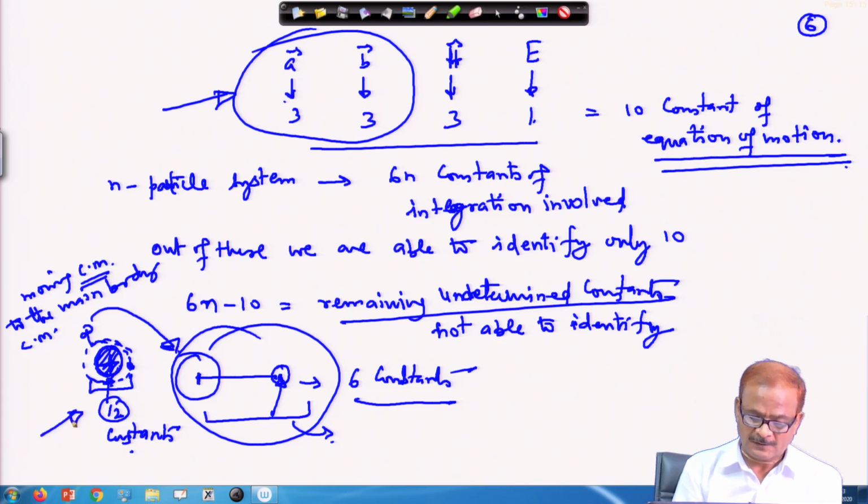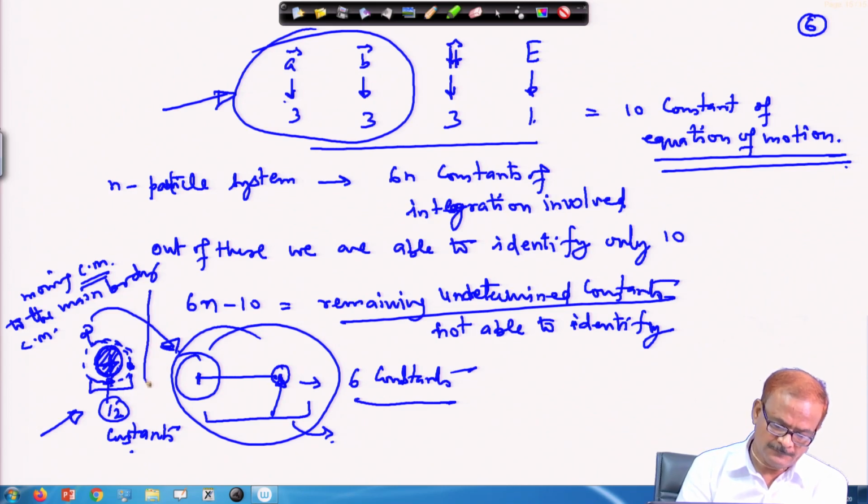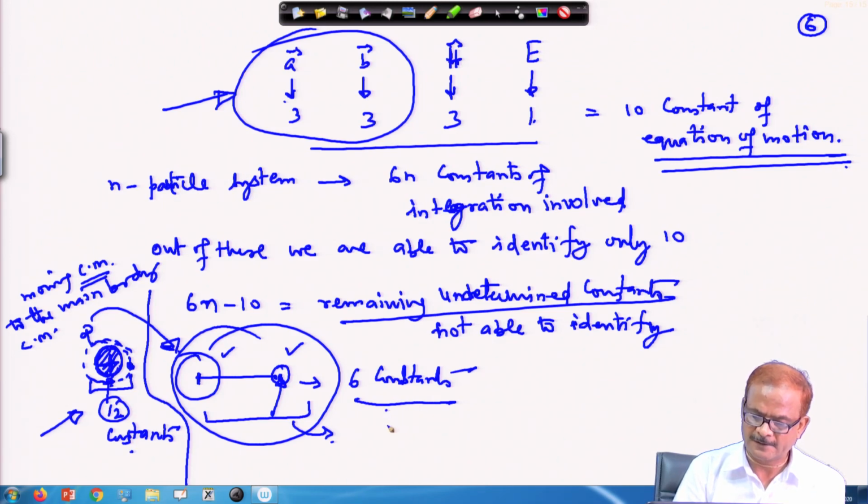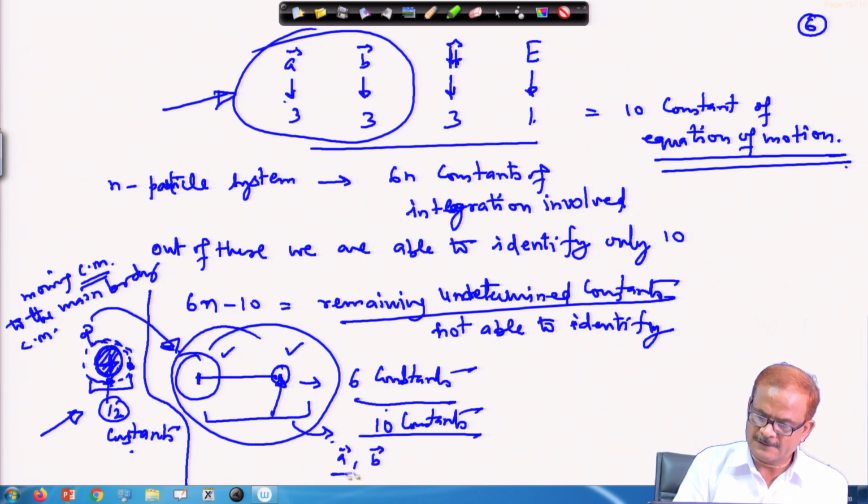But if we have a situation where both the particles are heavy, in that case we will be able to identify only a total of 10 constants. And what are those 10 constants? They are A, B as described here, plus the angular momenta which involves 3 constants, plus energy.